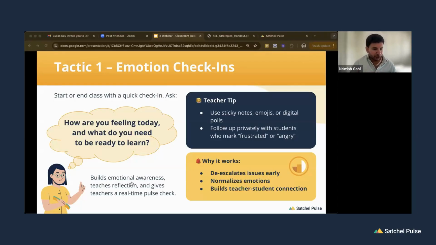And so, yeah, you don't need to use any kind of fancy tools. You can use sticky notes. You can use Google Forms. There's lots of different ways to do this, but actually doing it consistently can really make a difference, and it can really help to de-escalate issues early, normalize emotions, and it's another opportunity to build that teacher-student connection.